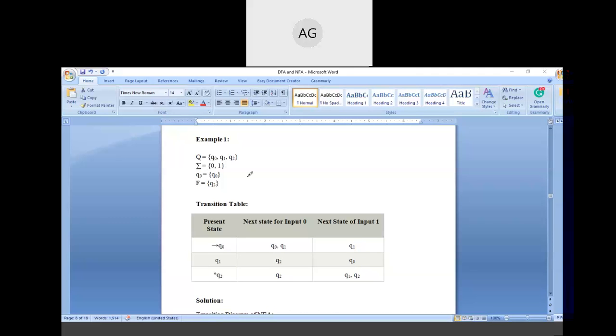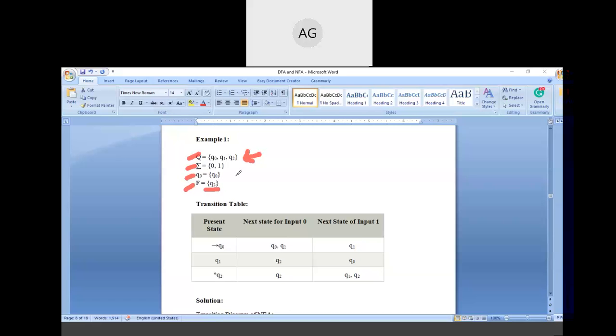In example one, these values of the tuples are given. In Q there are three states: Q naught, Q1, and Q2. The input alphabets given are 0 and 1. Q naught is the initial state, and the final state F is given as Q2, the only final state.